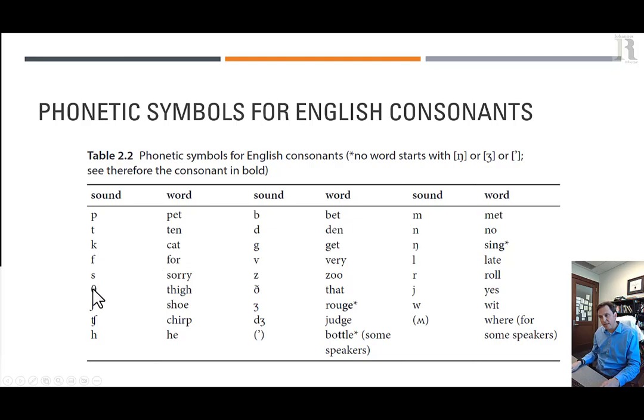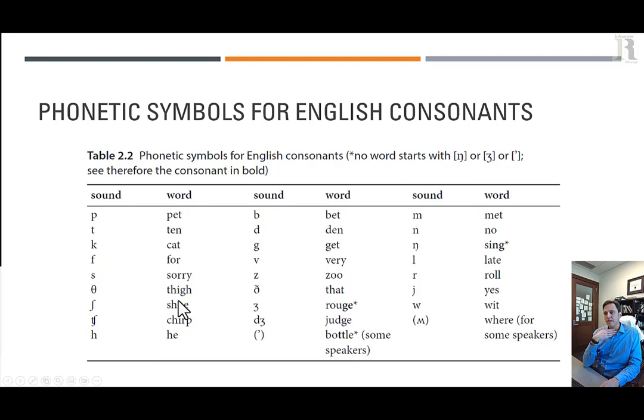Theta, the symbol is a theta, but that indicates the sound that we find in thigh, which is different than the sound in this, by the way. You'll notice that thigh and this have a different sound at the beginning, and we'll talk about why that is.